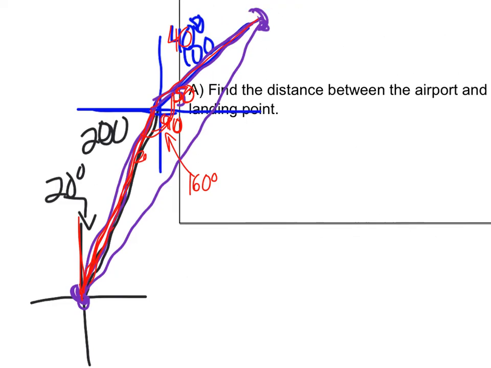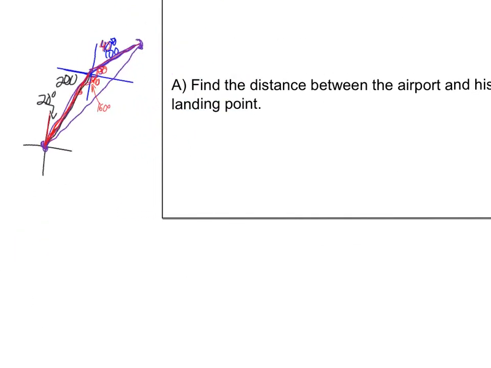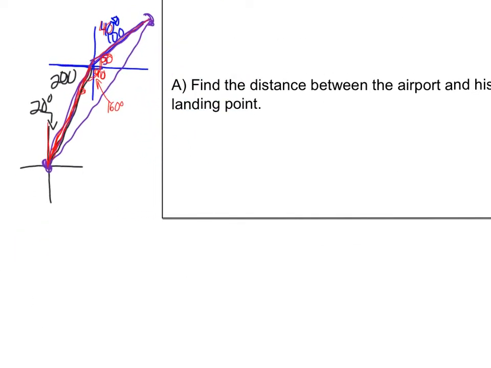Okay, so if I just draw this out, if I take away some of the other stuff and clean up my triangle, here's what I've got. I've got a side of 200. Got a side of 100. Got an angle of 160 degrees. And I've got to figure out that.